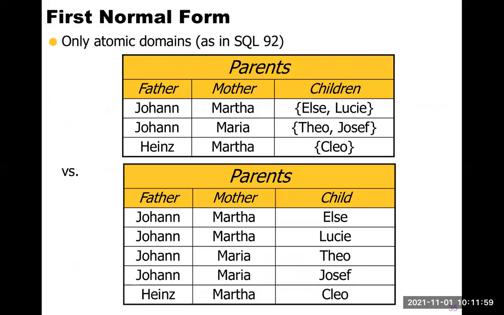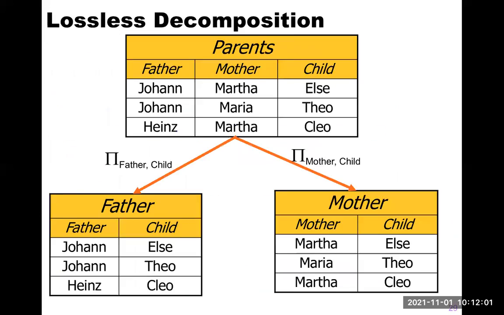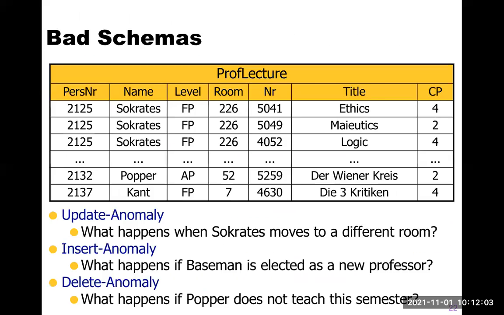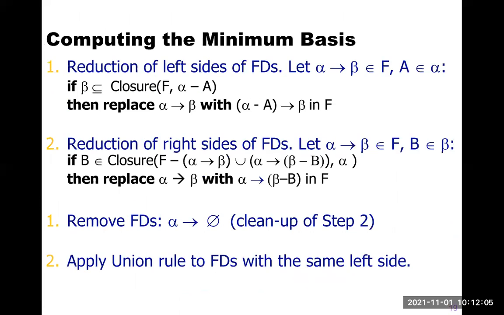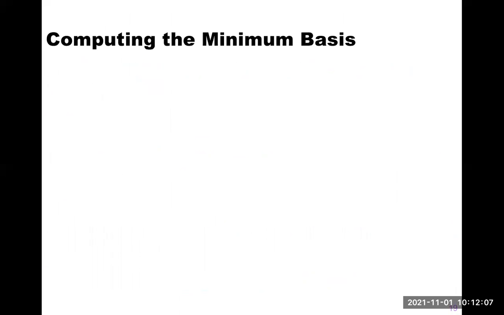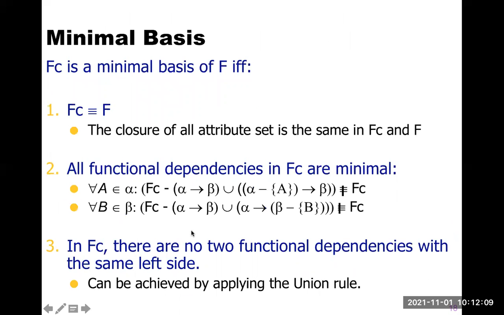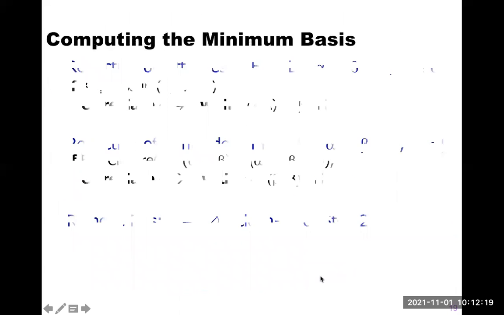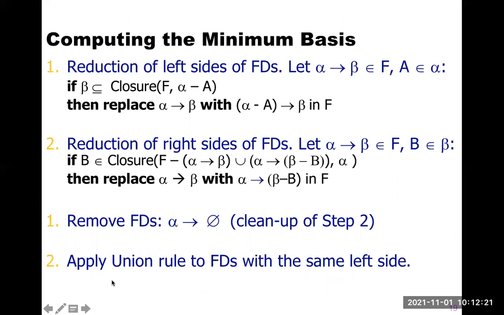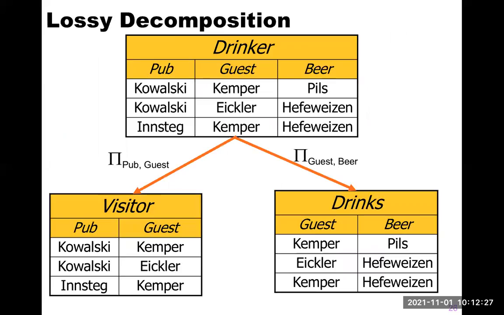Right, let's return to minimal basis. I need to minimalize all the left parts and all the right parts. And if I have dependencies with the same left side, I need to union them, and remove functional dependencies that have an empty right side.